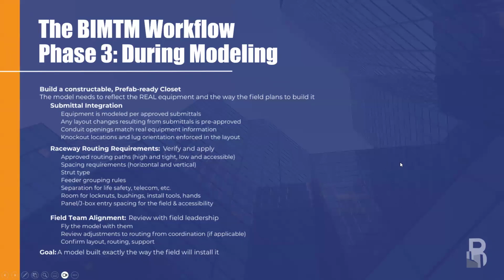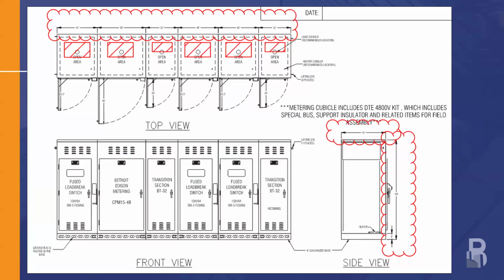So a couple of the things that I've run into and has caused a lot of heartburn and headaches is modeling without the equipment submittals. And so I'm showing the equipment submittal, and yes, this is a very extreme example because, well, I want it to really hit home.